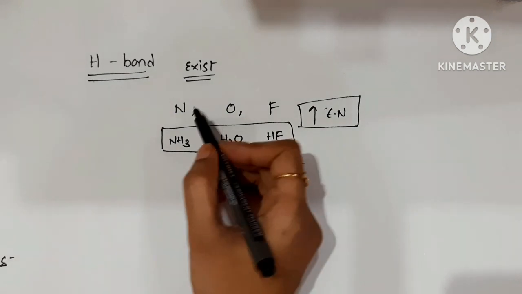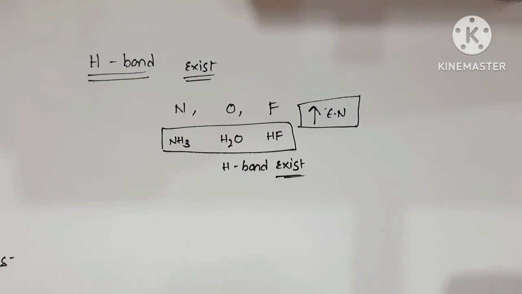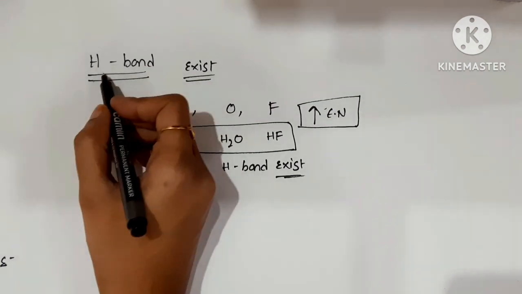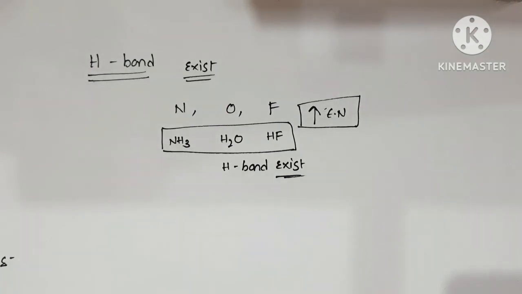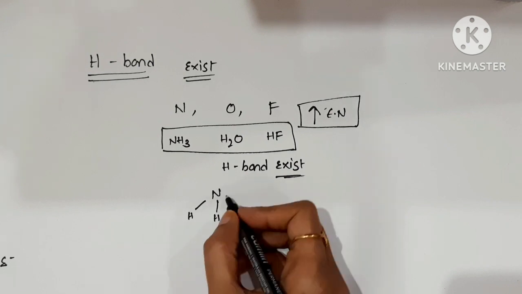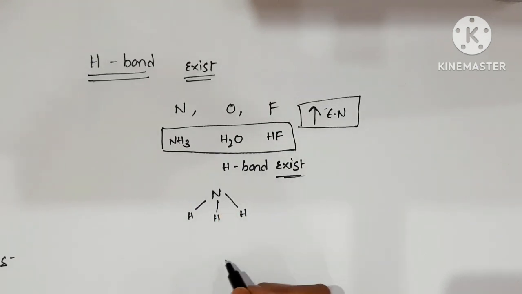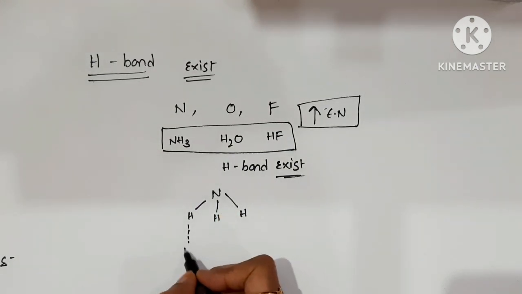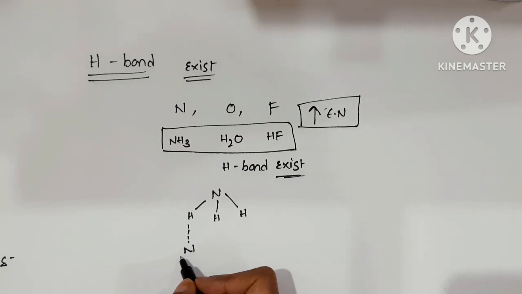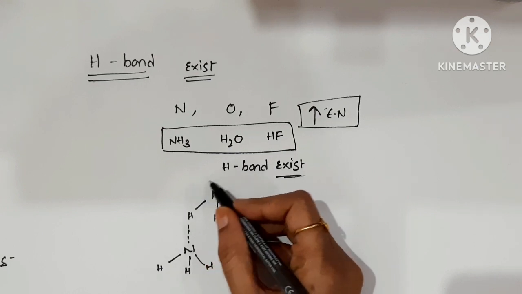Why? Because nitrogen, oxygen and fluorine have high electronegativity, that's why hydrogen bond exists in these molecules. In this manner, when hydrogen forms a covalent bond with a nitrogen atom, a hydrogen bond is formed. Why? Because nitrogen has high electronegativity, so the shared pair of electrons is shifted towards it.